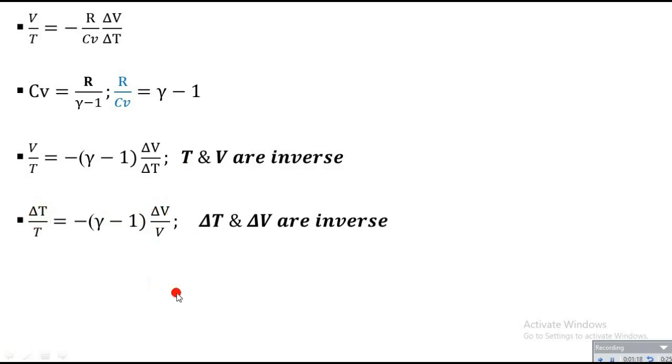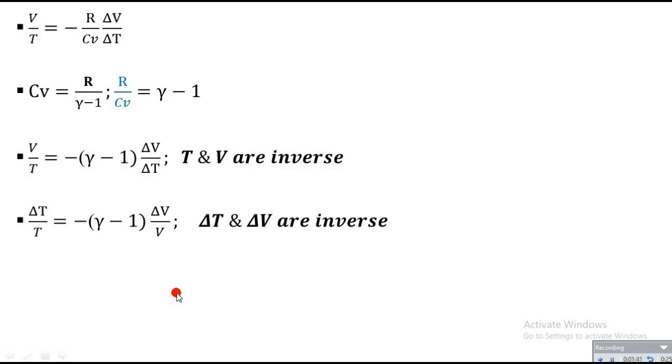So here temperature and volume have an inverse relationship, and remember also the dT has an inverse relationship with dV. Remember we have seen that during an adiabatic expansion the volume is increasing and the temperature is decreasing.